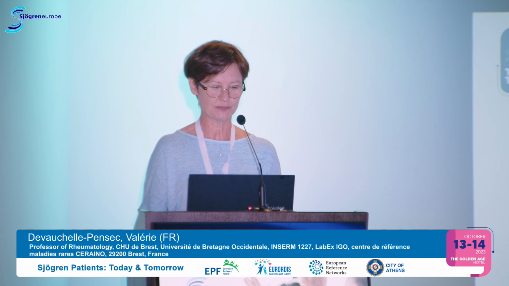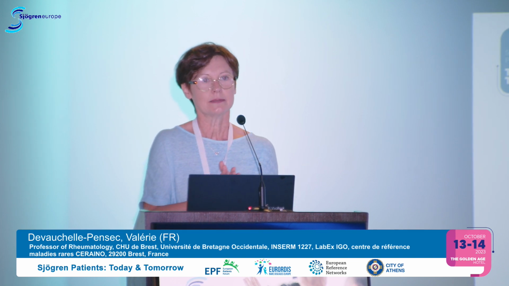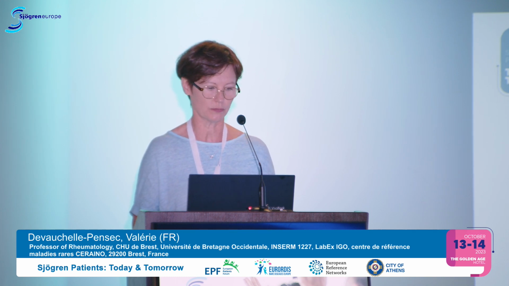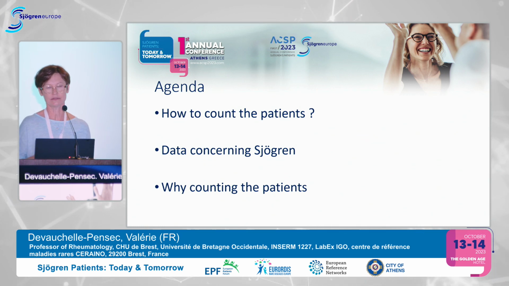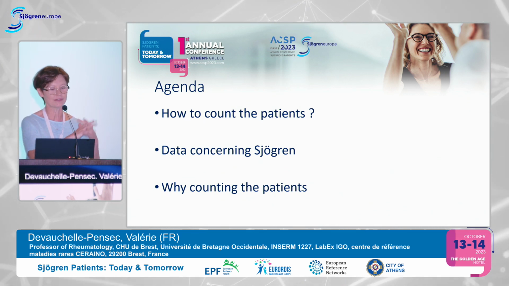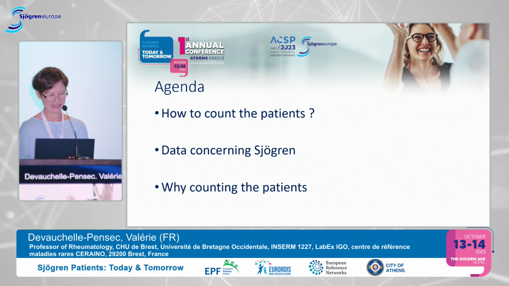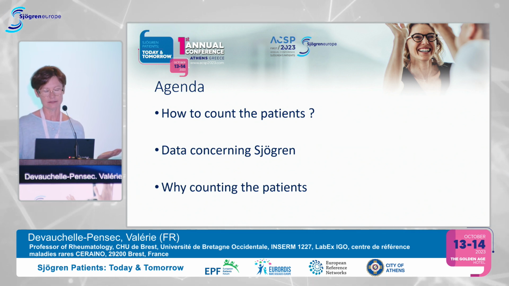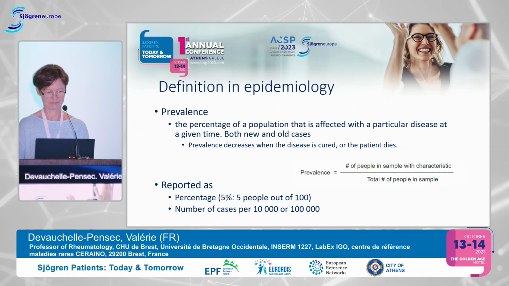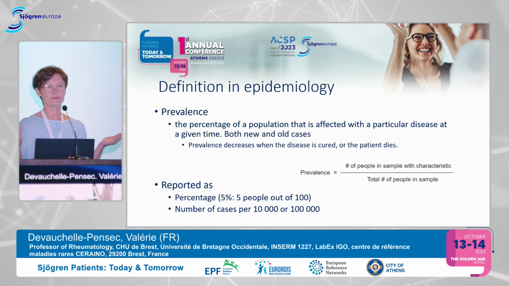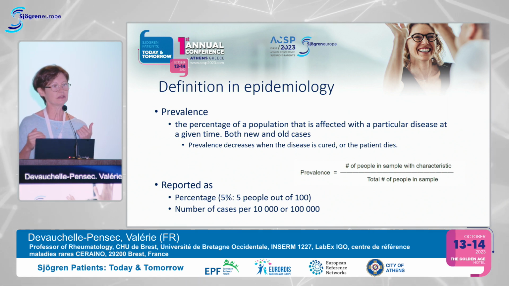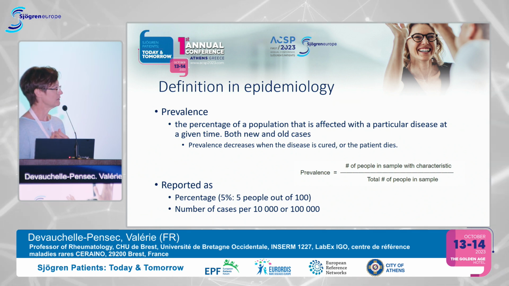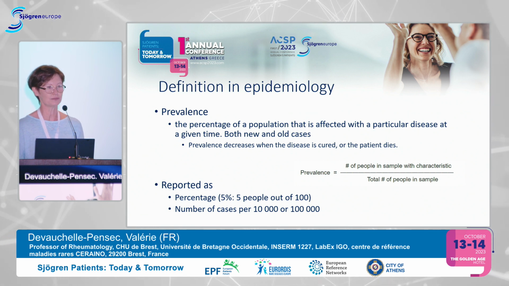So we are going to discuss together, and Coralie asked me to respond to the question: what is the frequency of Sjögren syndrome? Because we are working closely together, I will present the data concerning Sjögren patients, how to count the patients, and why count the patients. Patients have mentioned that it's sometimes difficult to discuss with a doctor, but be sure that sometimes for us it's difficult too, and we have to do mathematics and statistics.